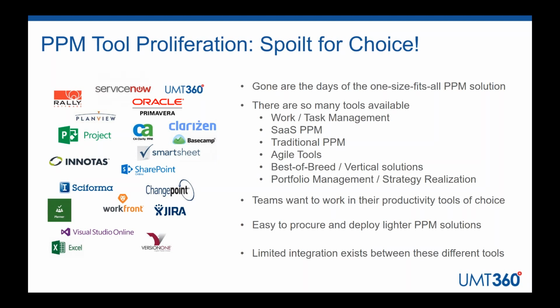Of course, we still have the traditional enterprise PPM tools, but also we now have a load of SaaS-based, lighter-weight PPM tools, tools like Innotas, Clarizen, and others. Of course, Agile tools have become very prominent, Jira, Rally, and others. Also best-of-breed vertical solutions, as well as top-down portfolio management solutions such as UMT360.